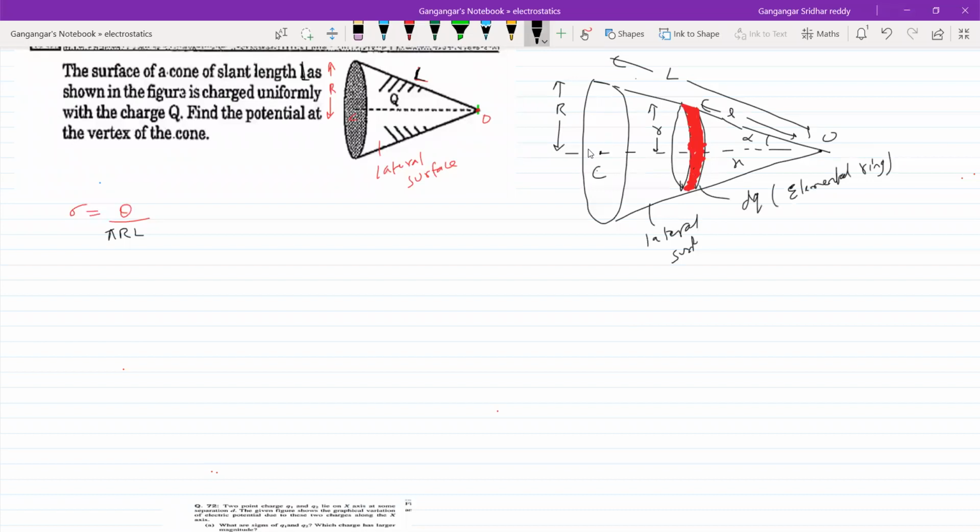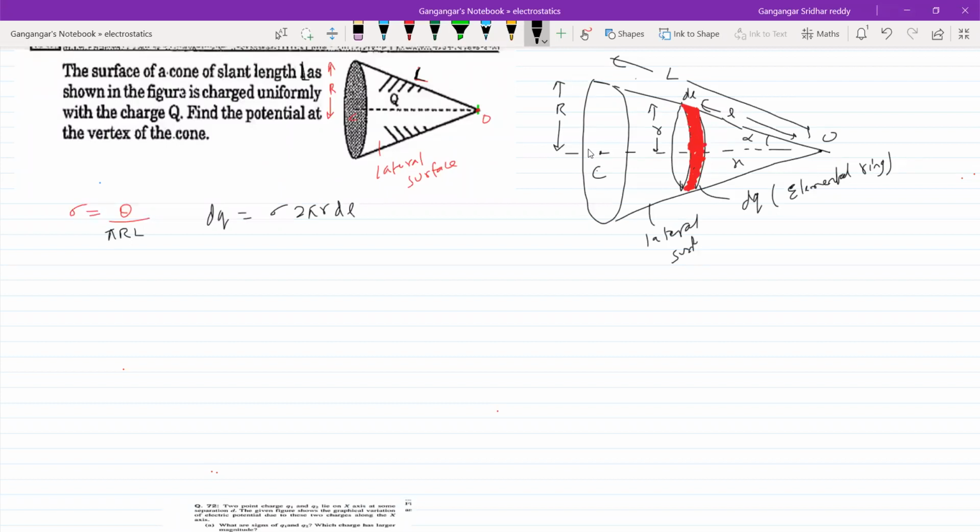Okay, we have to calculate potential at point O. First we'll define the slant area pi RL. We know, so what is the dq? Now you can write dq equal to the area of that particular thing. Let this be dl. So sigma into 2 pi r into dl.